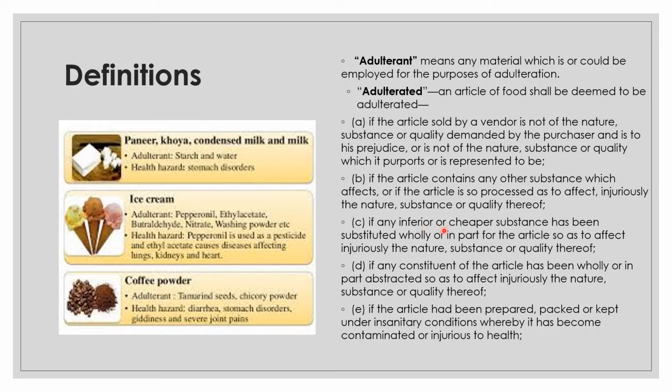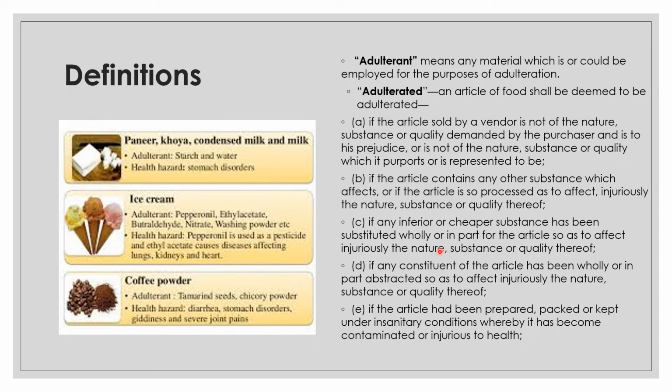If any inferior or cheaper substance has been substituted wholly or in part, so that it harms the nature, substance or quality of the product. If inferior or cheaper substance has been added or substituted wholly or in part, like adding dalda in ghee.